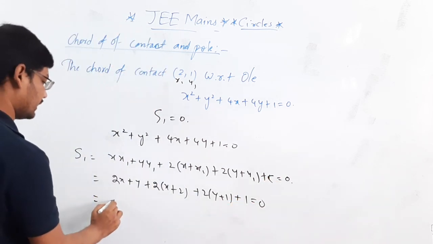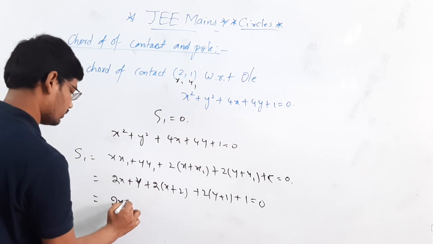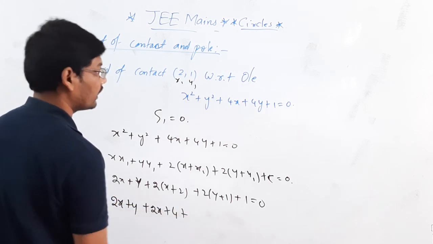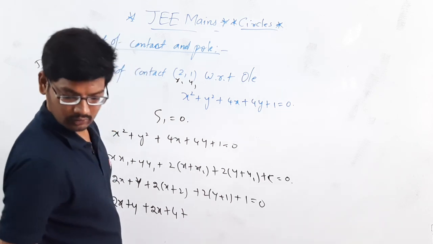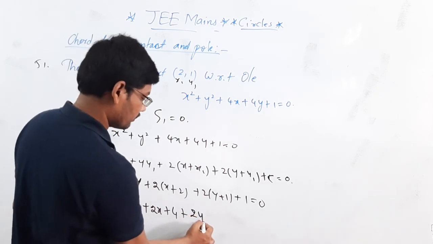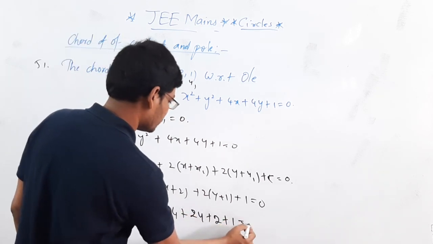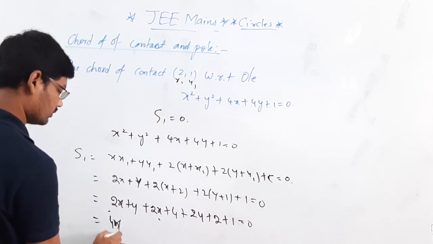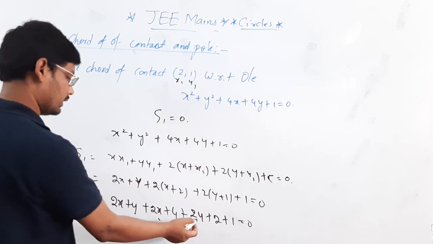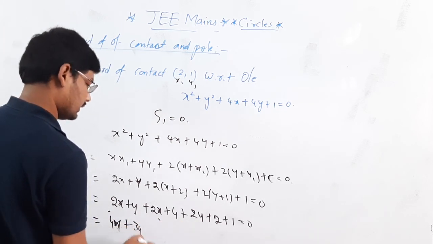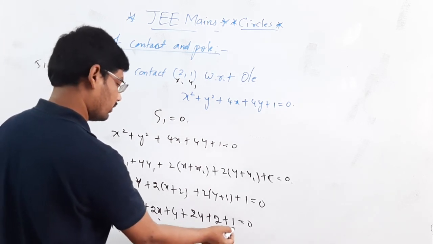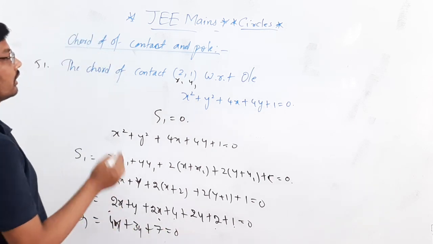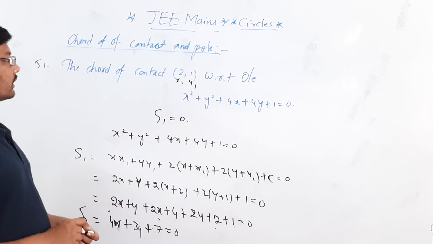Let's multiply: 2x plus y, 2x plus 4, 2y plus 2, plus 1. 2x plus 2x is 4x, y plus 2y is 3y, and 4 plus 2 plus 1 is 7. This is the equation of the chord of contact.